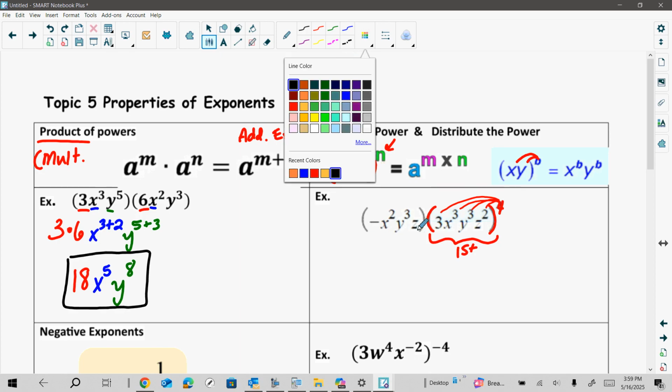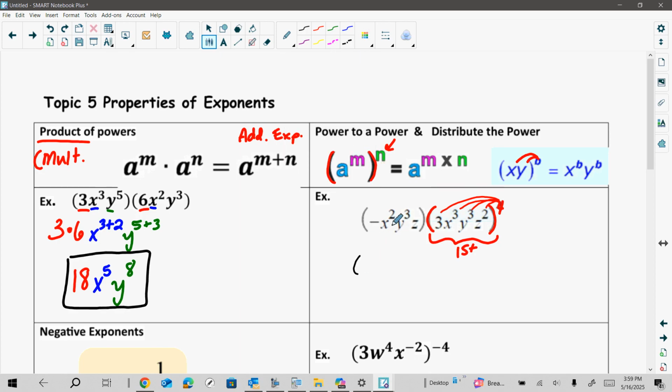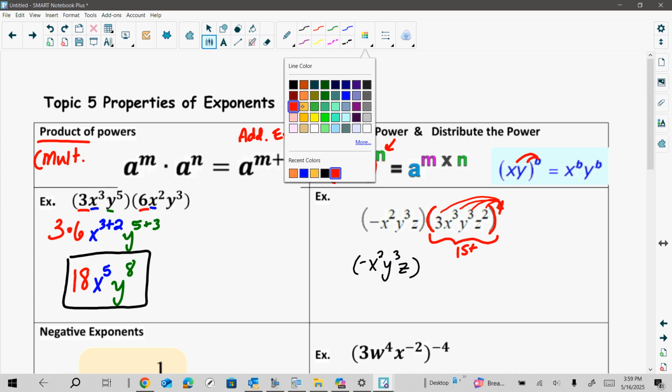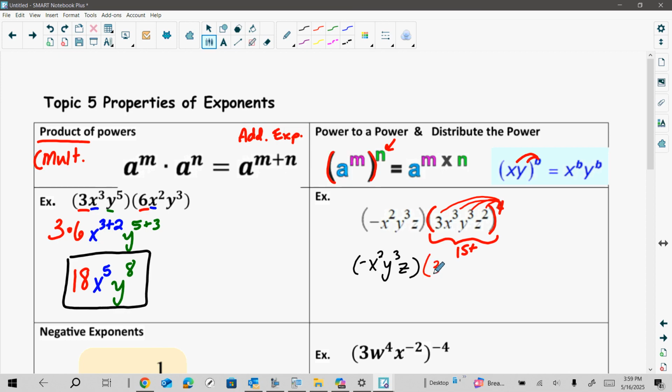this first product, I'm not doing anything with. This first term, this negative x squared, y to the 3rd, z, I'm going to now simplify. This is saying 3 to the 4th power, but this 4 gets distributed to that 3. This is x to the 12th. Hope you can understand that.